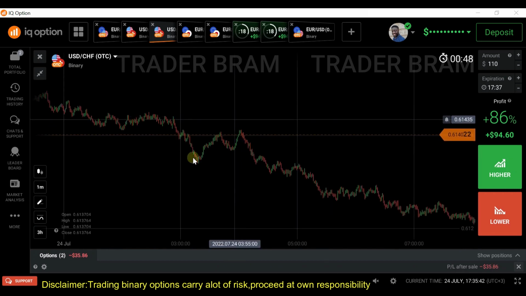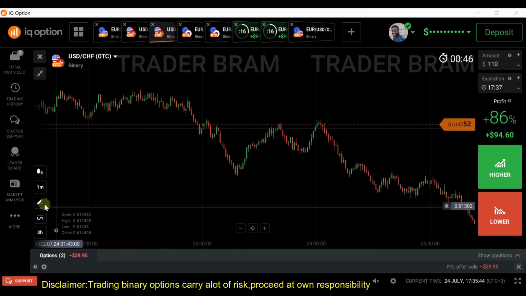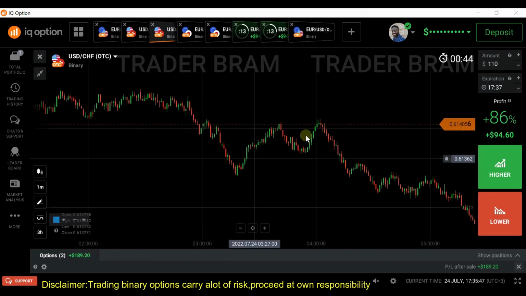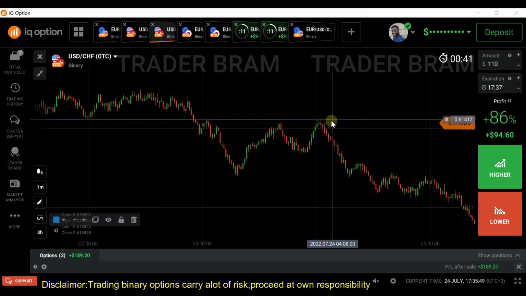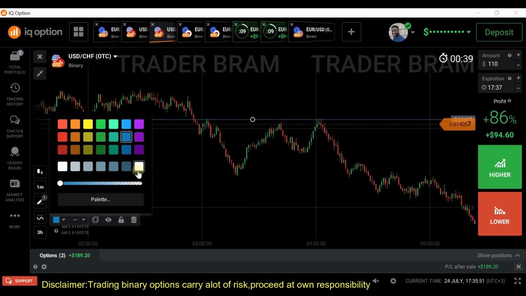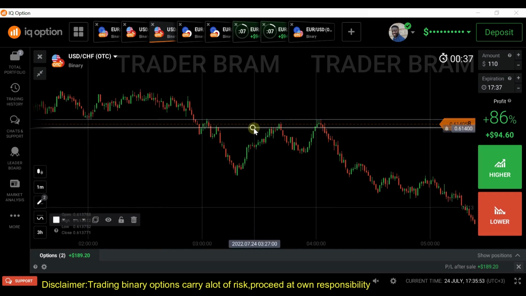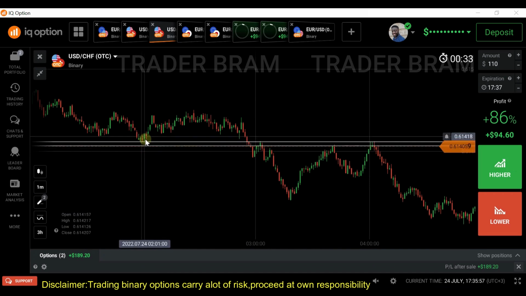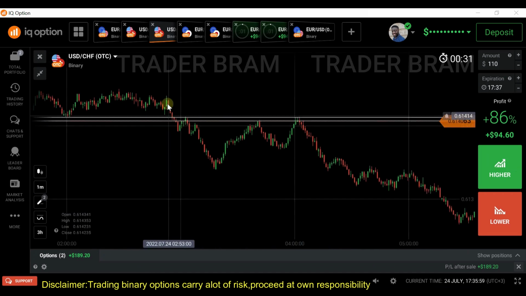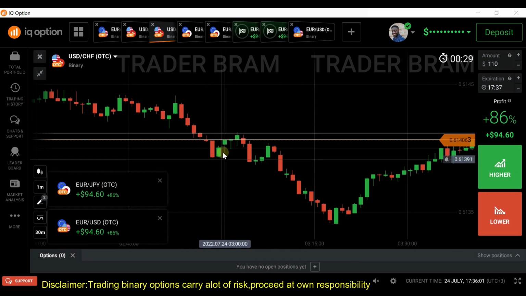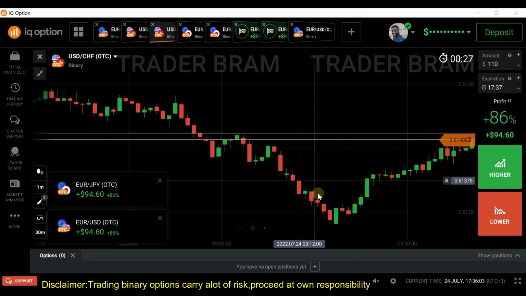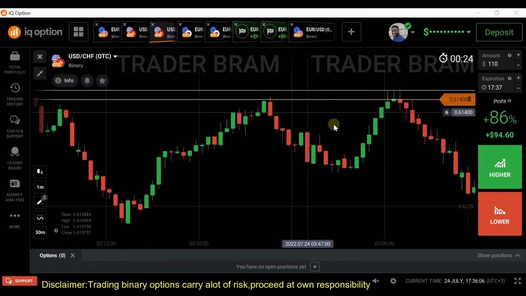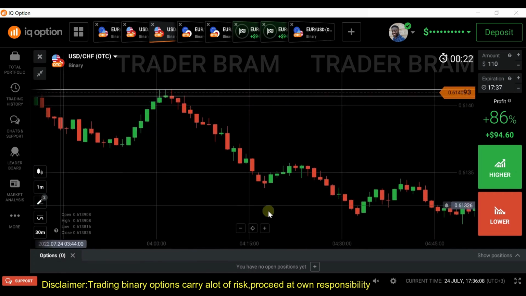Again, here we have a level of support and resistance. That's a nice area. You can see it acted as a support level at this point. It was broken. Here the market came and retested, then it went more down. Again here it acted as a resistance, again as a resistance.